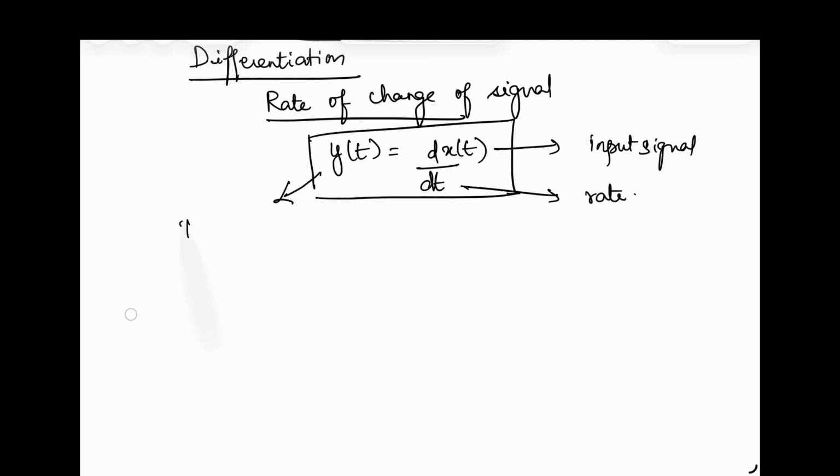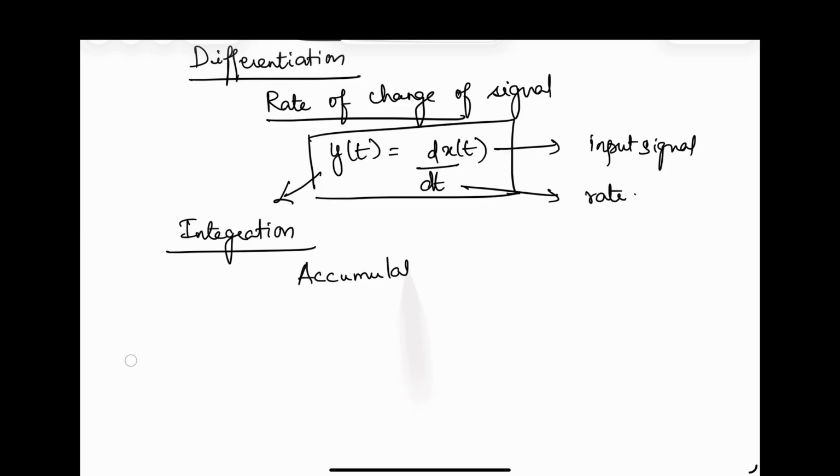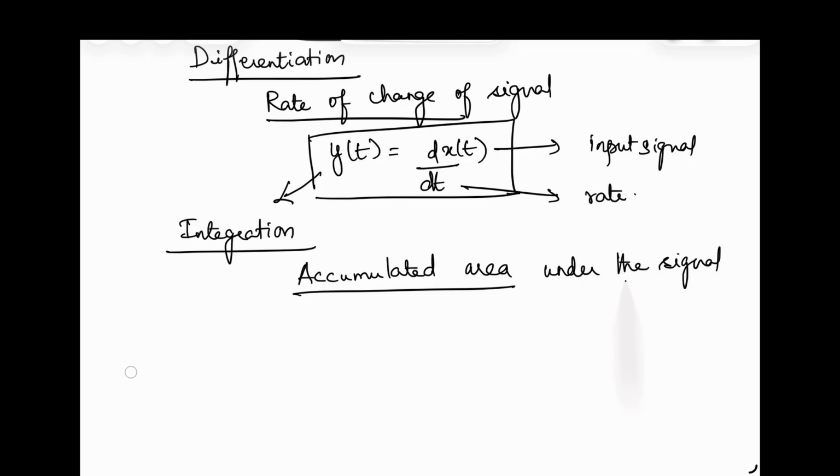And then what is integration? Integration is where we compute the accumulated area, the total area. If you want to find, in any problem, the total accumulated area under the signal, it is found by the operation called integration. If for example you take a circle and want to find the area occupied by it, you go for an integration.